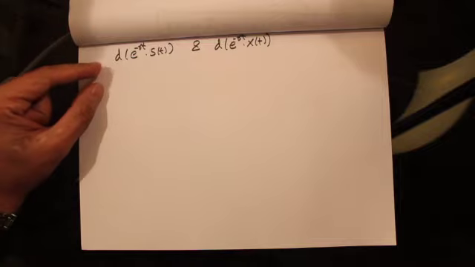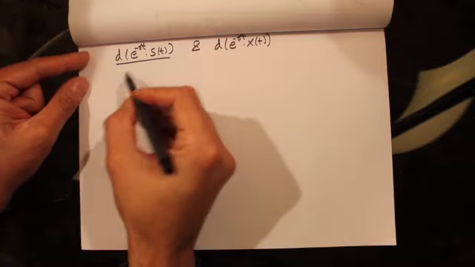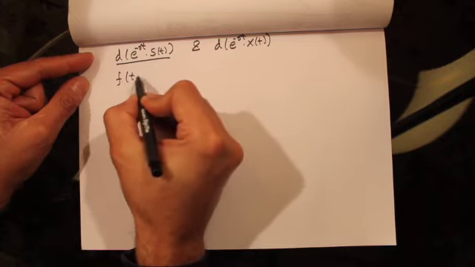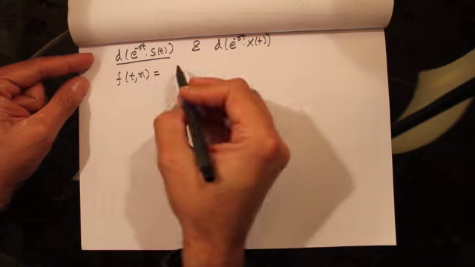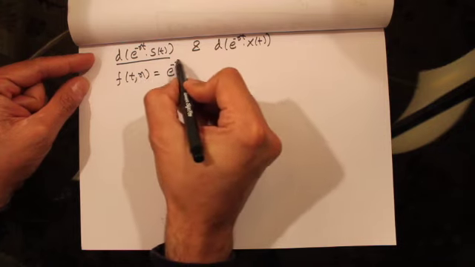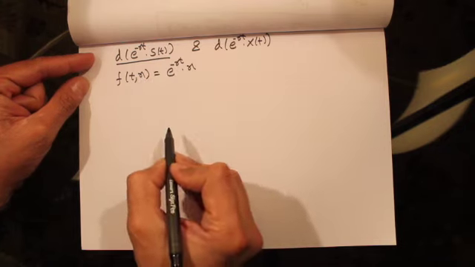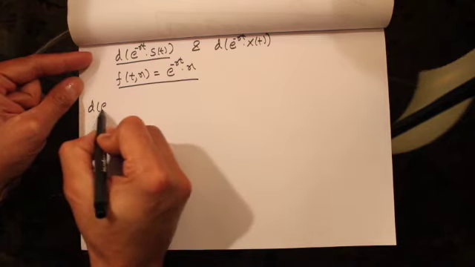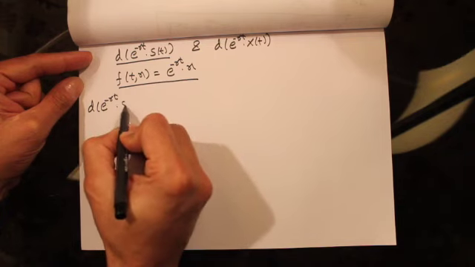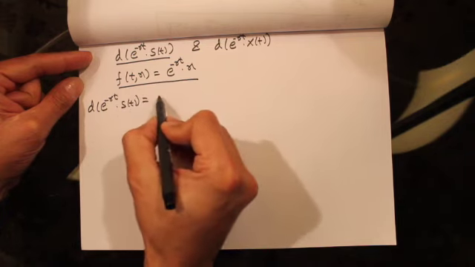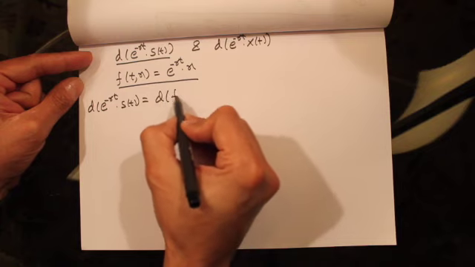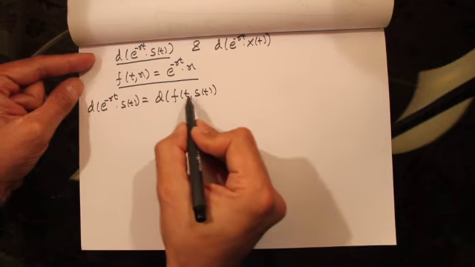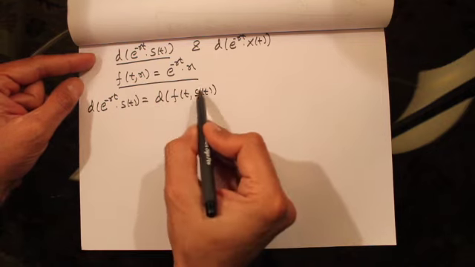Okay, so first I would like to focus on this. Here we can write the function as a function of t and x. The function of t and x is given by f(t,x) = e^(−rt)x. If this is the function, then this differential d of e^(−rt)S(t) can be written as d of f(t,S(t)), where x is replaced by S(t).